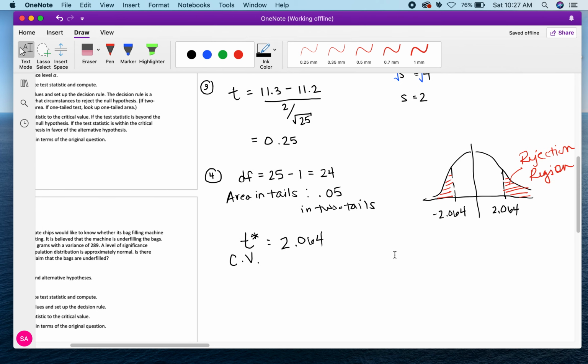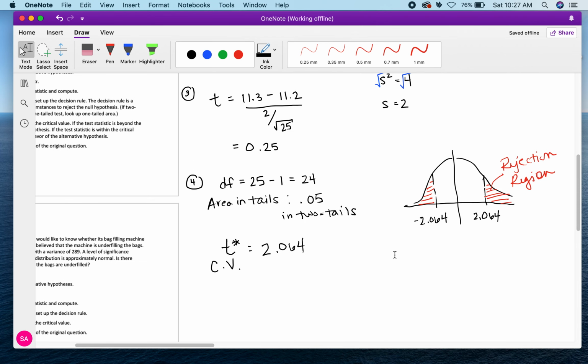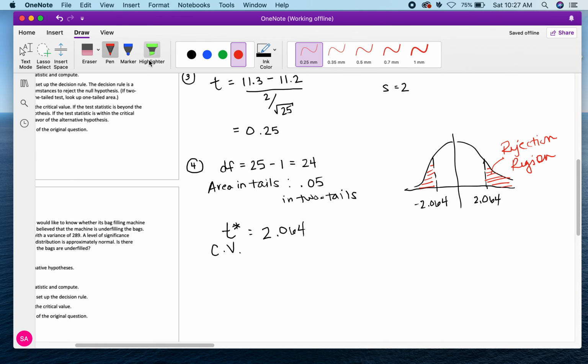So let's go ahead and write out the decision rule, because Hawks will have you do that sometimes. So the decision rule, we are going to reject H naught if, now this is a two-tailed test, so there's two possible situations.